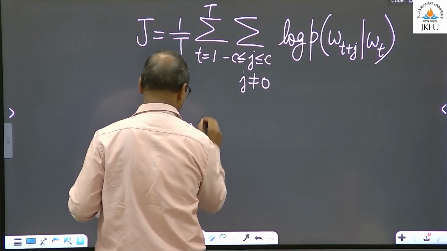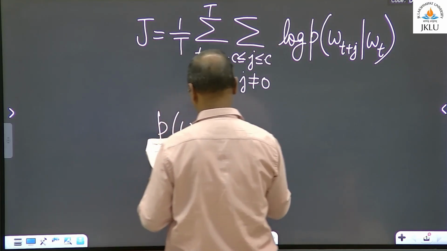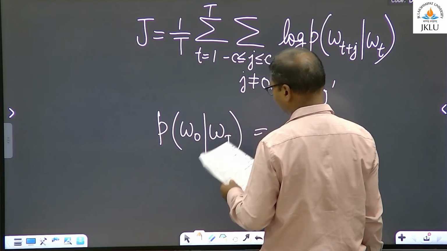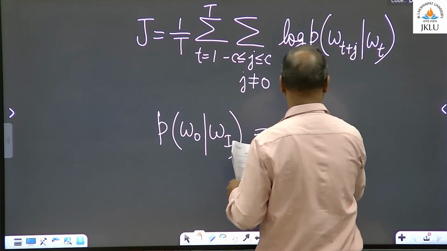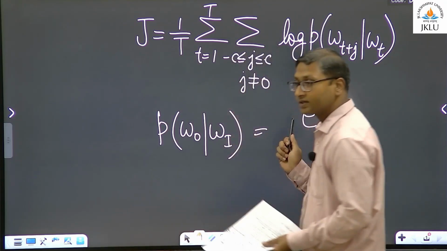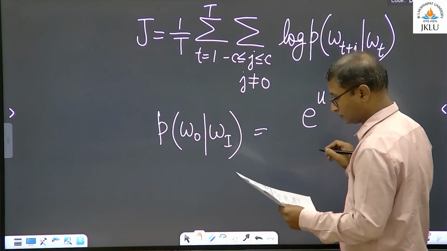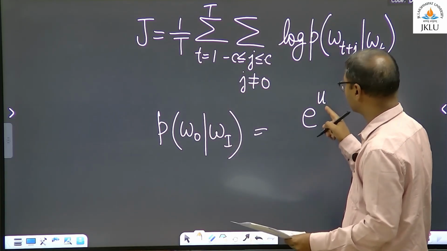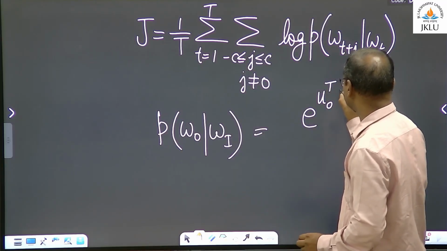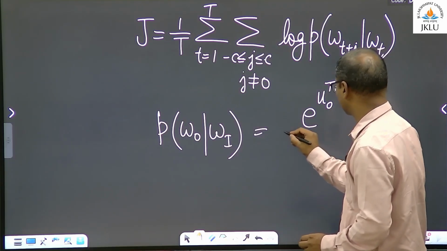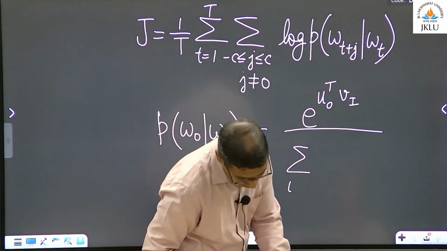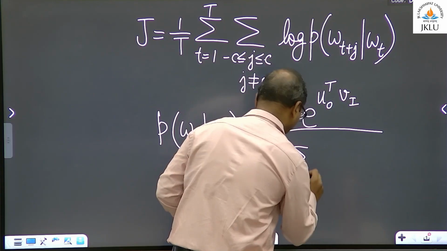So this is P of W_O given W_I, and this is e to the u_O transpose v_I, divided by the summation over W equal to 1 to 10k.